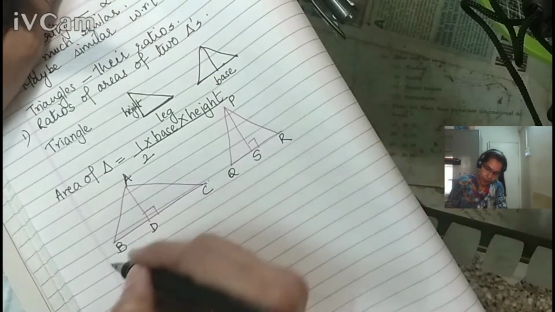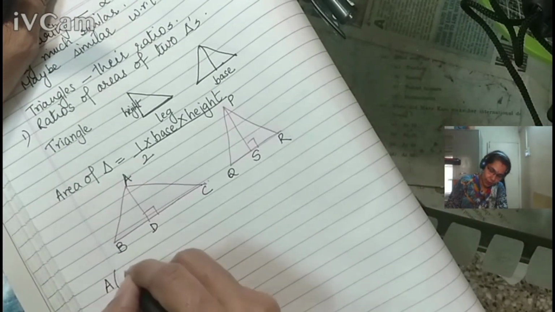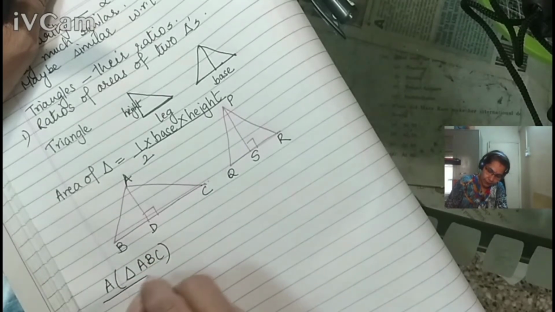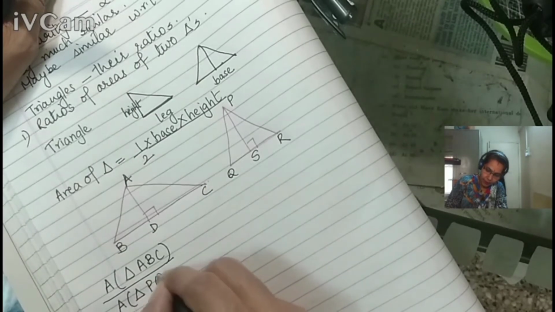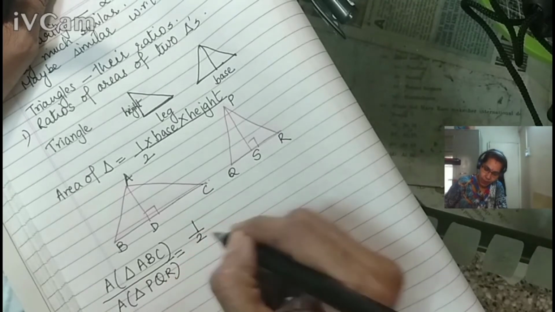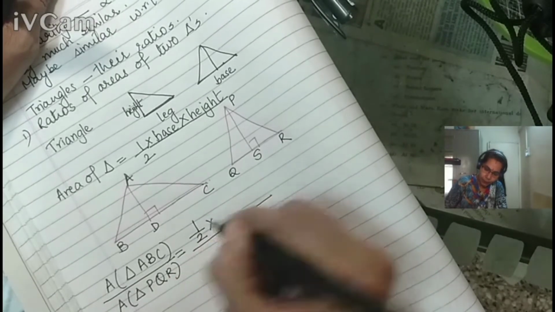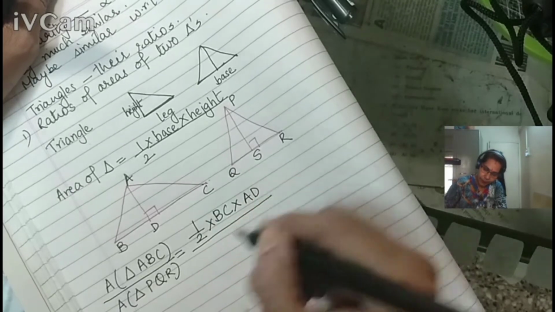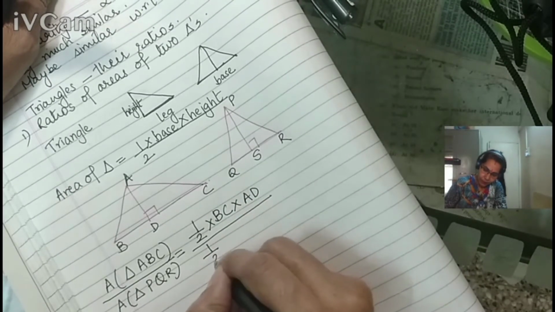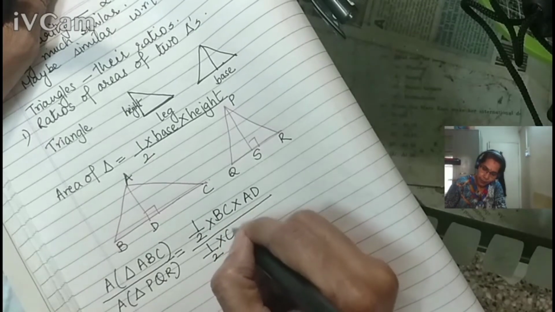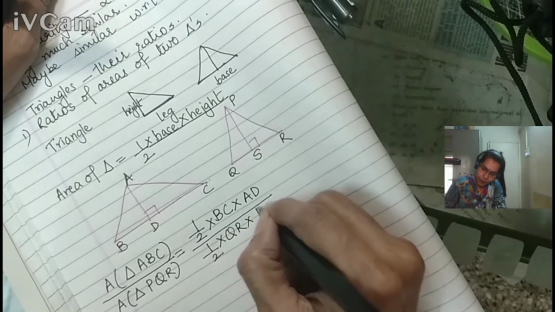If I want to calculate the ratio, area of triangle ABC upon area of triangle PQR, it will be equal to half into base into height. Similarly, for triangle PQR, half into base into height.